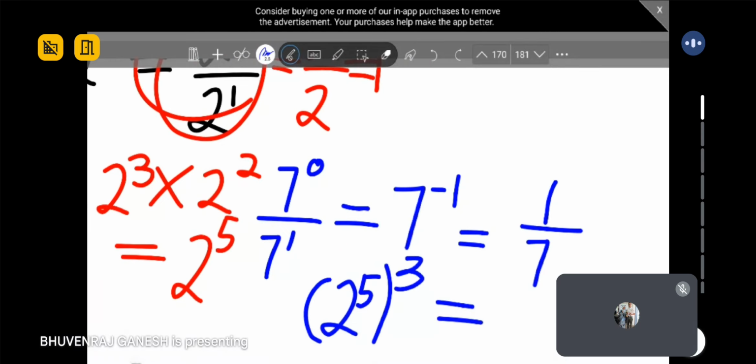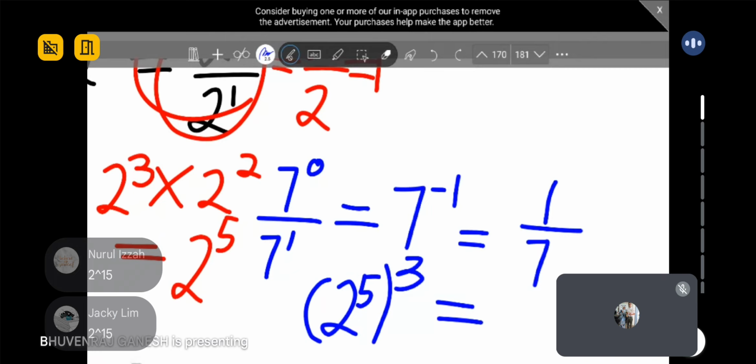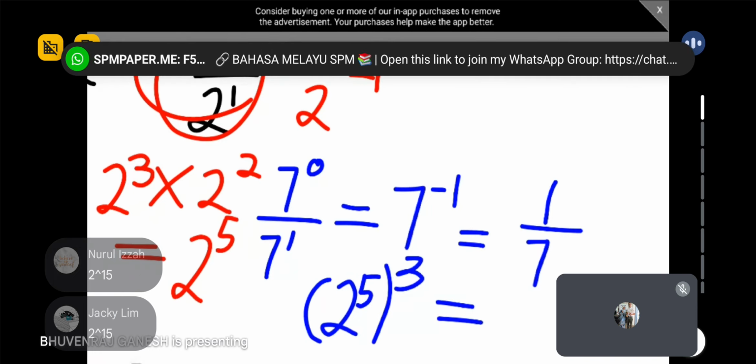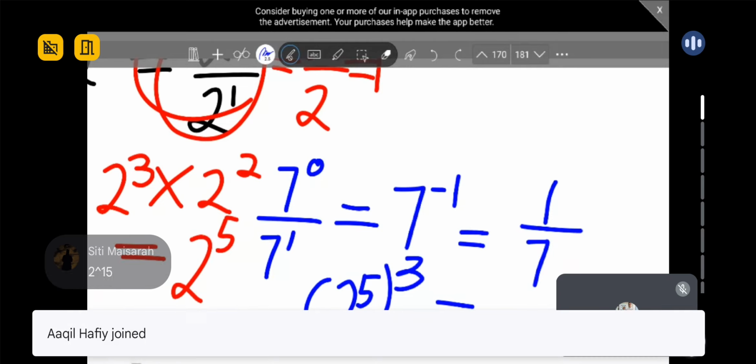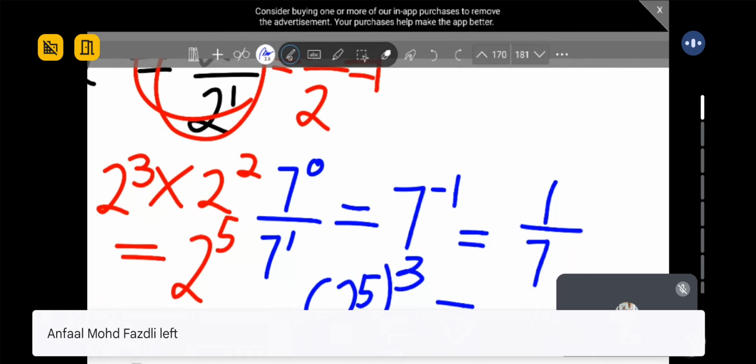Apa jawapan dia? Guys, whatever I say here, right, it may seem very simple to you. Am I right? Dia nampak sangat mudah kan bagi kamu. But actually, a lot of you forget this when answer the question. Am I right, guys? Kamu semua lupa tentang hukum ni. That's why tak boleh jawab soalan admaths. Betul atau tidak, guys? Secara jujur.